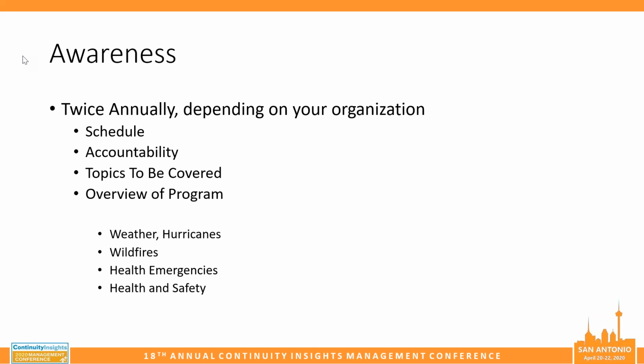In some places, it's a part of a communication that's sent out. So my recommendation is a business continuity awareness training program. So there should be a schedule and then determine who's responsible for the awareness.